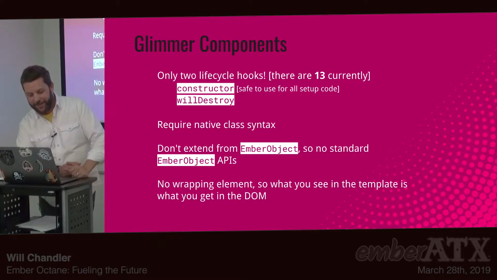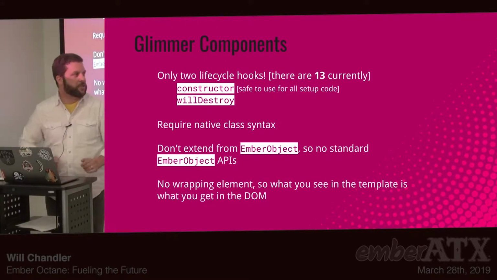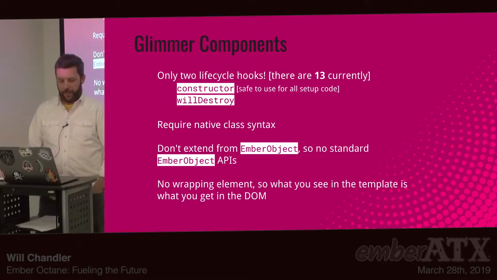Glimmer components was the third key feature to talk about. Anybody that's used Glimmer is familiar with those, but a lot of nice things here. There are only 2 lifecycle hooks compared to the 13 we currently have: constructor and willDestroy.